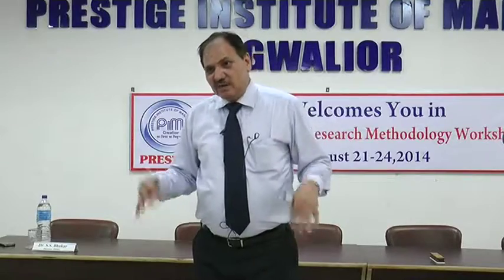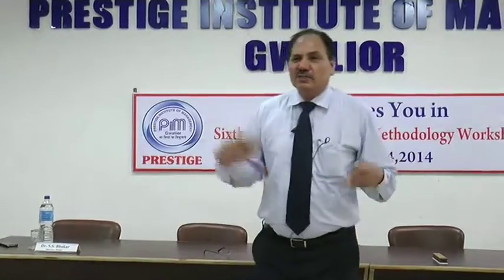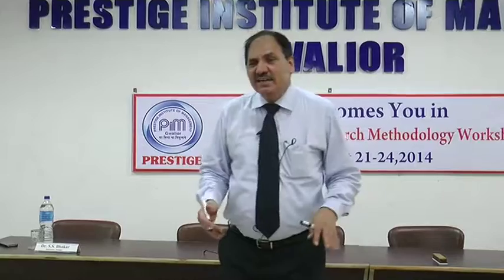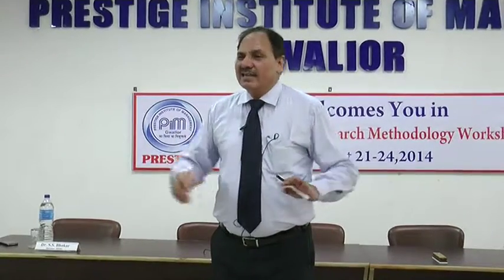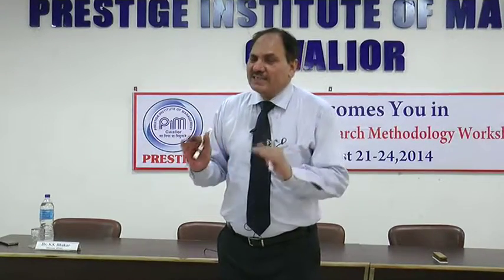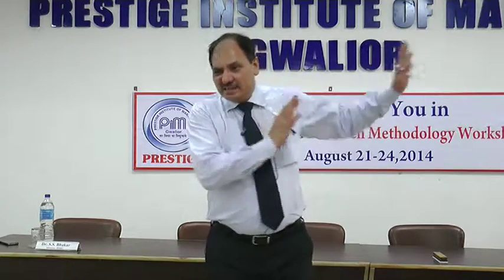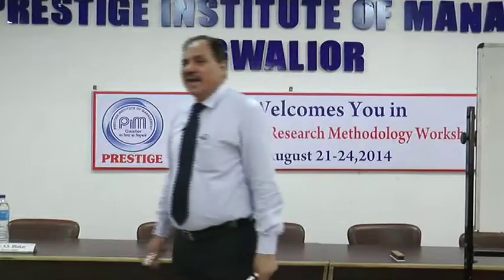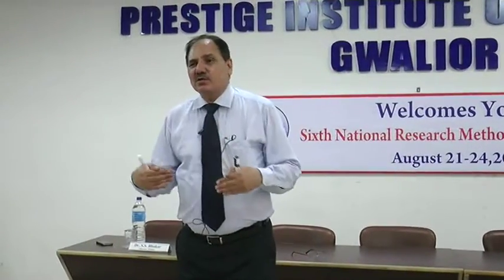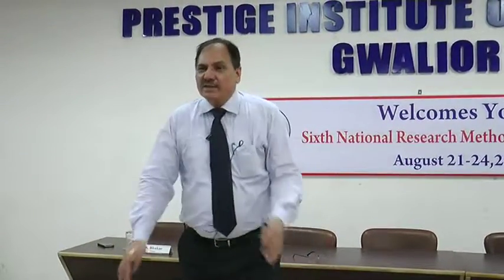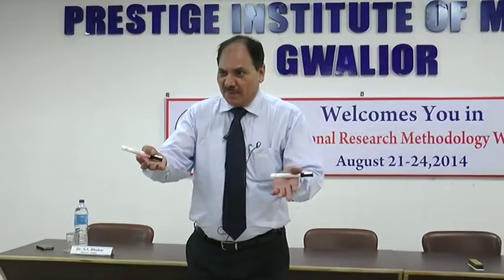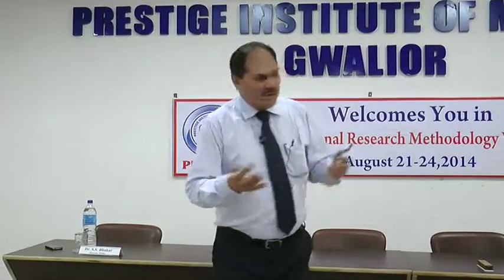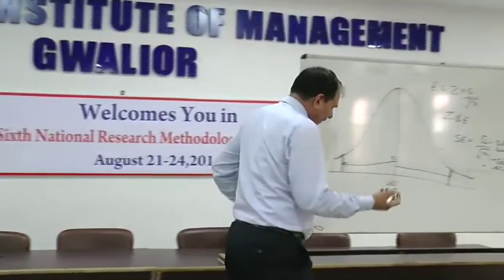Suppose there is a sponsoring organization and it tells us that this is the error that is acceptable to me. So one side there will be error based on the sampling distribution. The other side there is an error that is acceptable to the sponsoring organization or the evaluating people. Okay? So therefore that is the acceptable error.